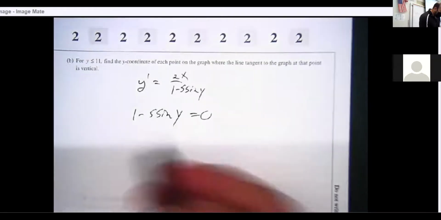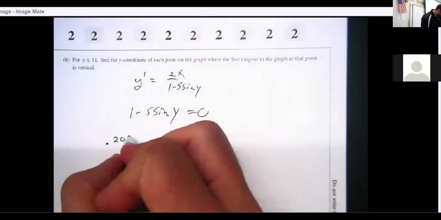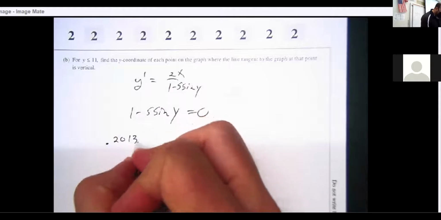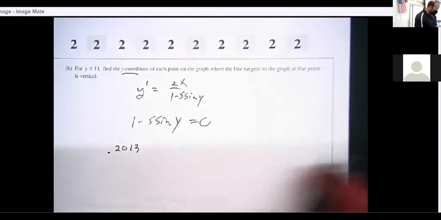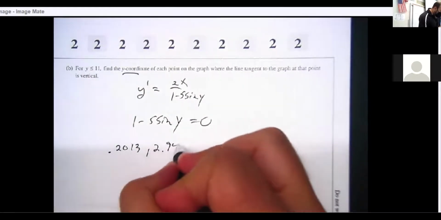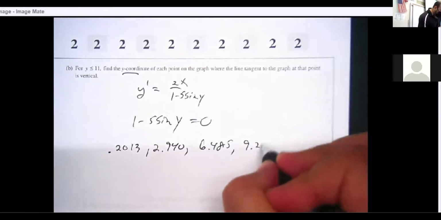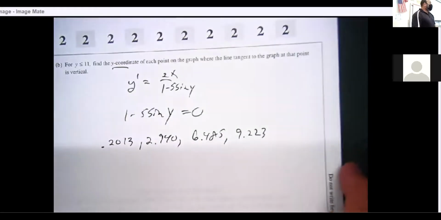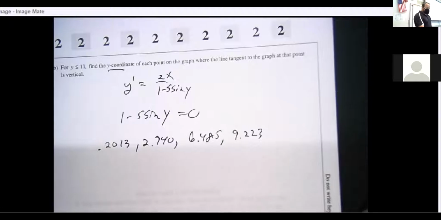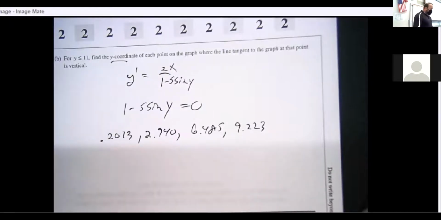But when I did it, I got the following answers, 0.2013, and it says just the y part, right? Then I got 2.940. Then I got 6.485. Then I got 9.223. However, check out those answers, but then look back at the picture that you were provided.